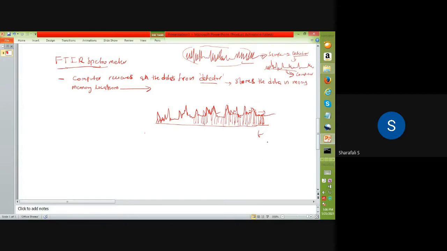For example, in this case, let's say we have a current of 5. I'm just talking about the magnitude, not the unit. So this is 5 again. This is 5 again. Then we have an increase, so this will be some 6, 7, 8, 9.